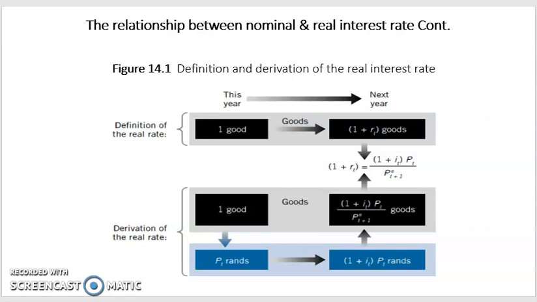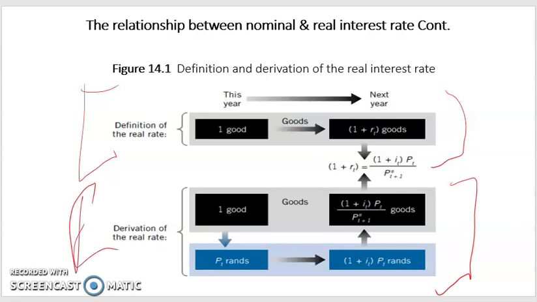The top part of our figure repeats the definition of the 1 year real interest rate, while the bottom part shows us how we can derive the 1 year real interest rate from information about the 1 year nominal interest rate and the price of bread.